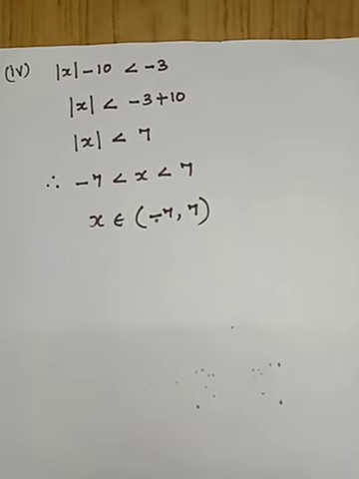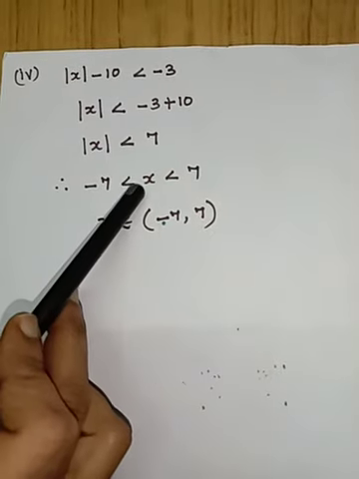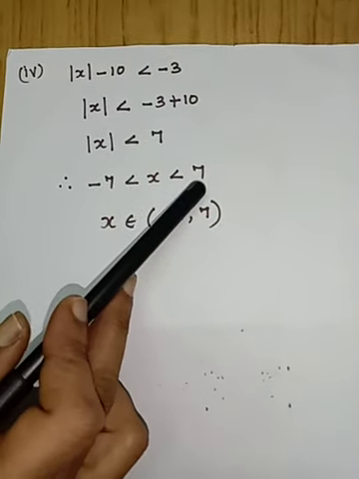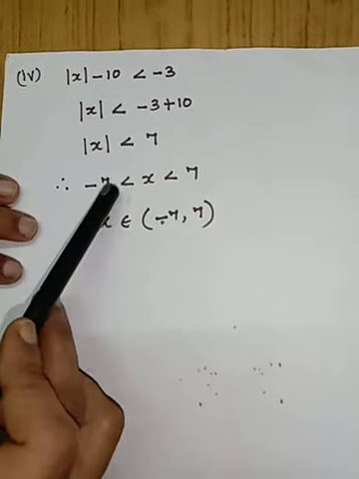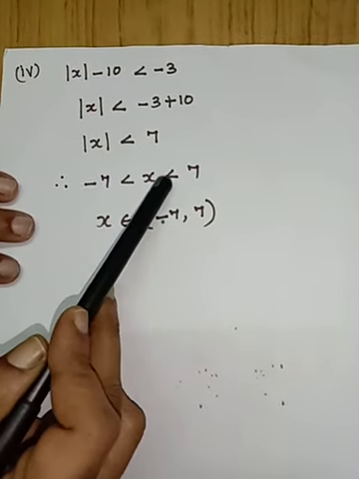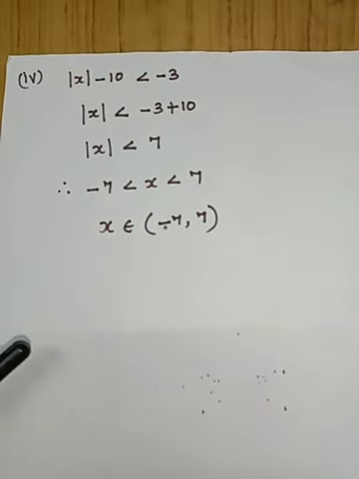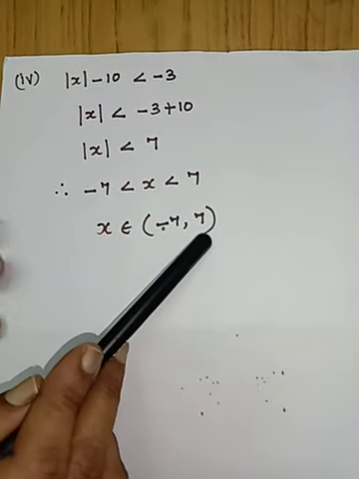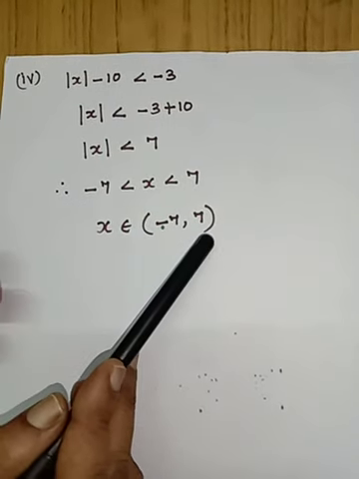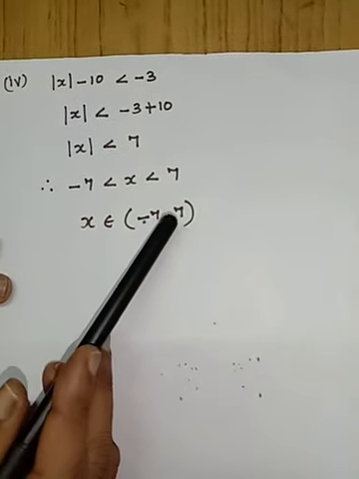If it is so, how should the answer be? Minus 7 less than x less than 7. That means x varies from where to where? Minus 7 to plus 7. And the equality symbol is not there. So minus 7 and 7 are not included. So you have to use the ordinary parenthesis for the interval. So x takes values from minus 7 to plus 7.